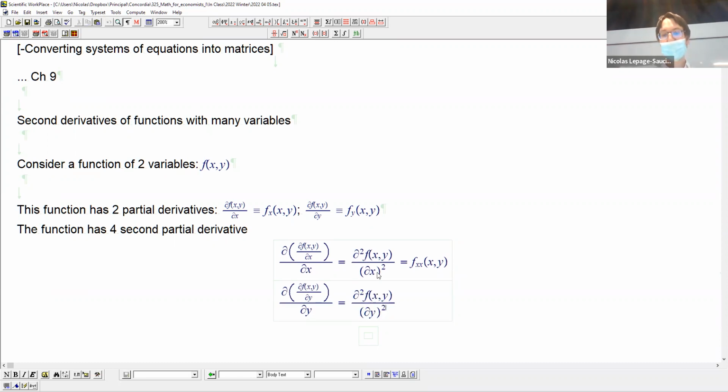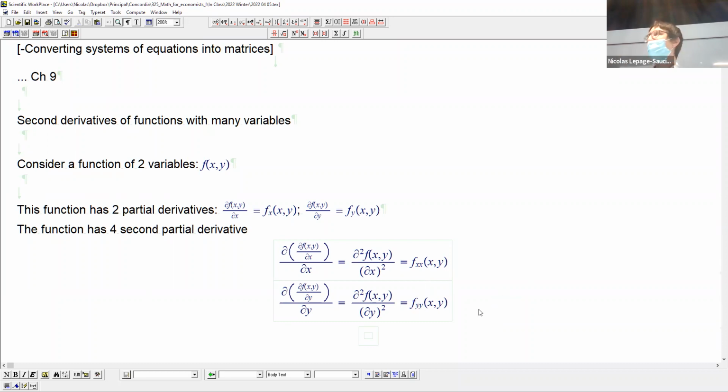Again, sometimes people don't put the parentheses there, but I insist on doing it just because essentially it really needs one. So we have two d's. And you would write it fyy. So this is if I derive twice with respect to x, twice with respect to y.